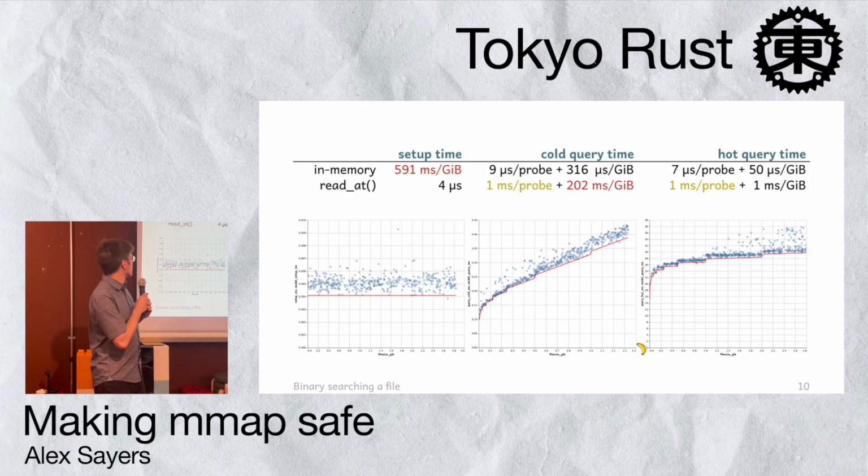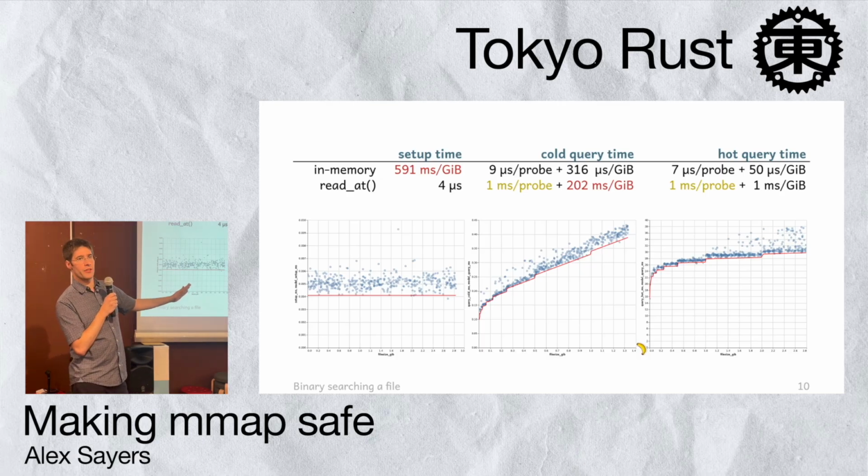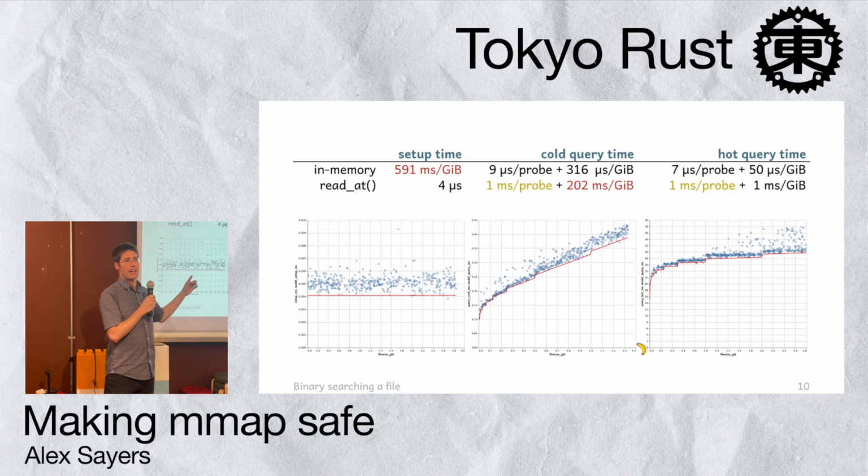The other thing to notice is even in the cold query time, when it is having to load file data in from disk, it's still quite a lot faster than the first implementation, like 3 times faster. That's because the first version loaded the whole file in, even though we're not going to read the whole file. We're sampling 10,000 points out of 2 billion.